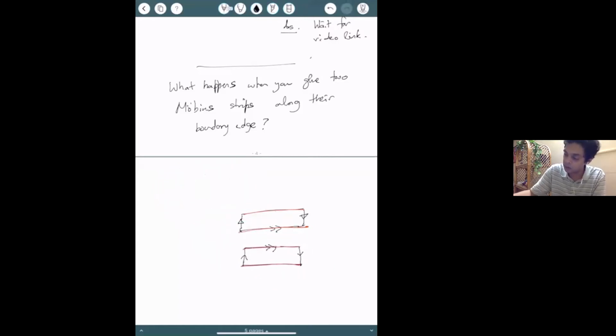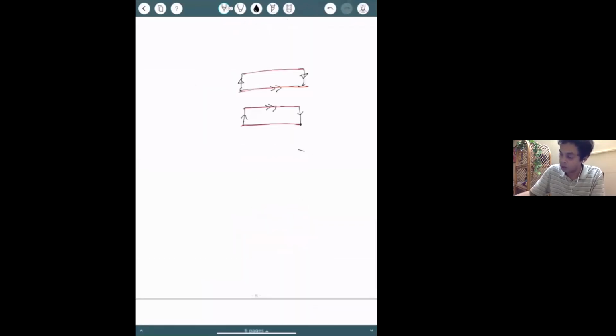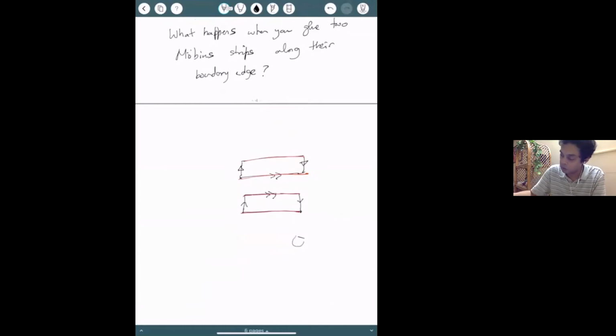So that's one gluing, and the same edge continues, right? So then the continued guy goes here, then continues there. So this was the edge this way.